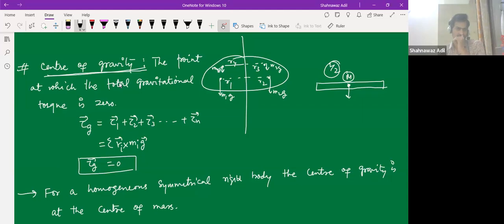That table is given in the NCERT book, so just memorize that. Quickly note it down.